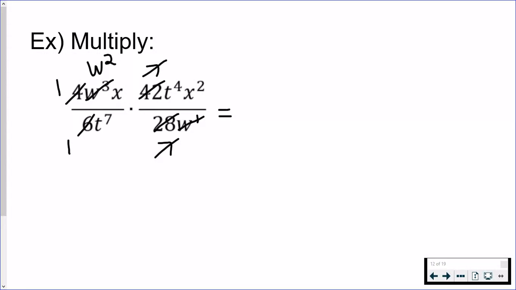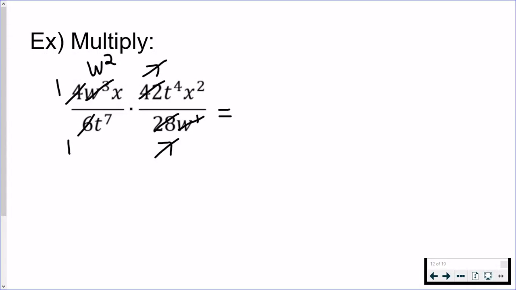Now I also have a t to the fourth and a t to the seventh in the denominator. So something to remember, you won't write your final answer with any negative exponents. So what would happen here is you do 4 minus 7, which equals negative 3. Now, instead of writing t to the negative 3, what happens is you can just make sure that that variable moves to the denominator, and then it becomes a positive exponent.